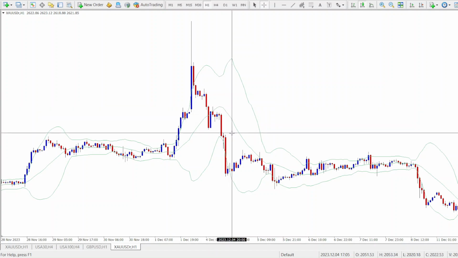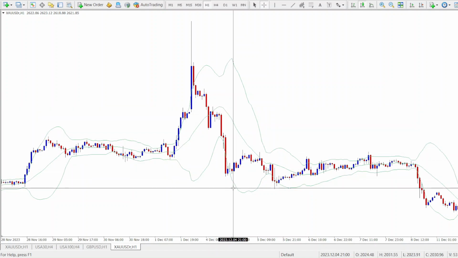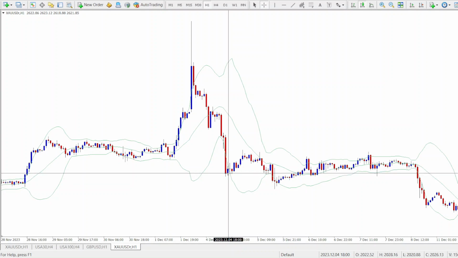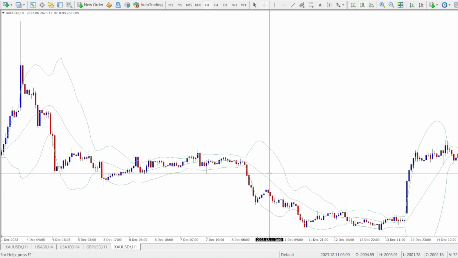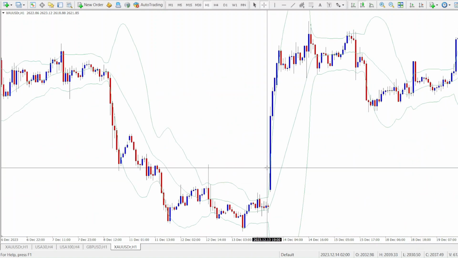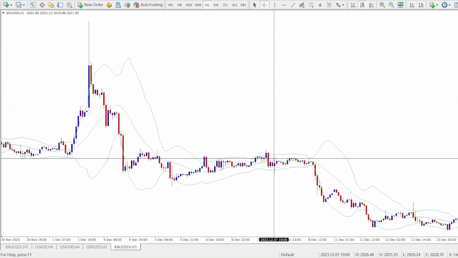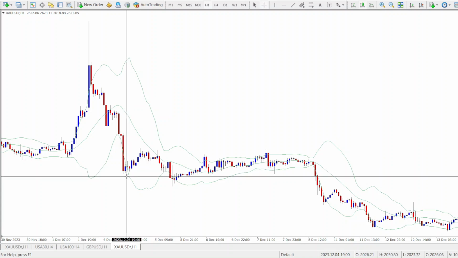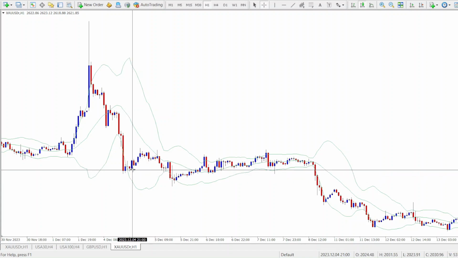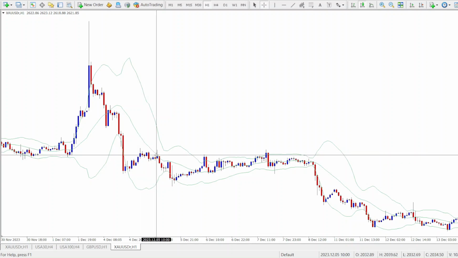Now, as for the lower band, when the price touches or drops below the lower band, it suggests that the asset may be oversold. For example, we can see as price touched here, after it touched the lower band, it went up to the middle band.